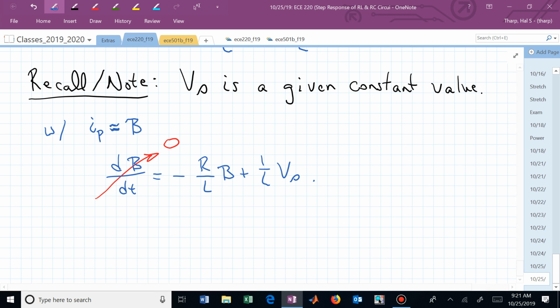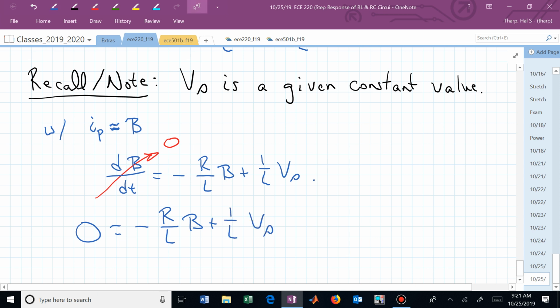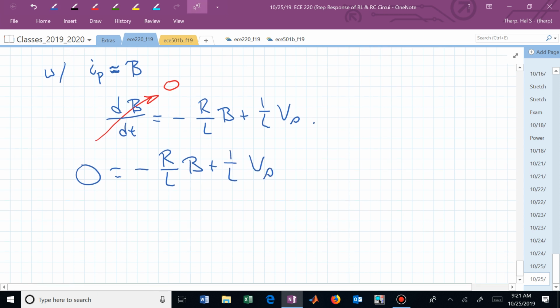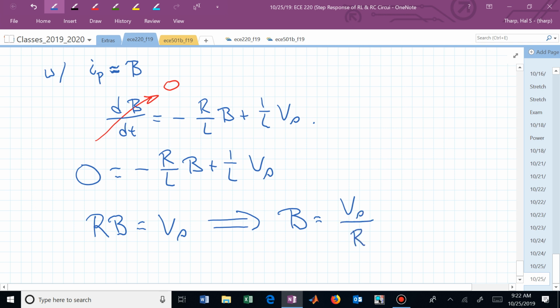Now we have 0 equaling minus R over L b plus 1 over L v sub s. We can multiply both sides through by L. That cleans it up a little bit. We can add R b to both sides, and now we have R b is equal to v sub s, or now we know what b is, that constant that we were trying to find. Solving for it is now v sub s over R.